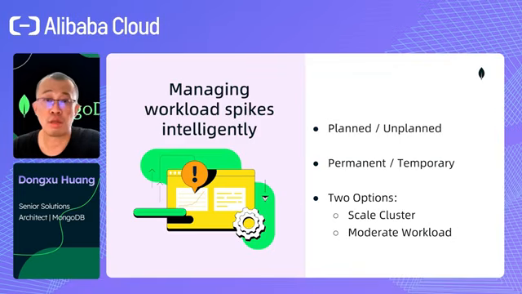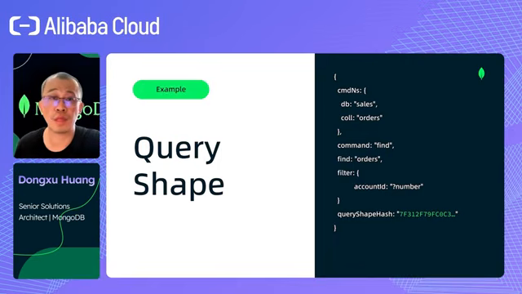To make that call, you need visibility and flexibility. That's why we have been improving how MongoDB handles scaling or moderation. So here is how we gain visibility and flexibility with workload management. We are using query shape. The query shape will tell you what database and collection the command executes in, and it will tell you the command too.